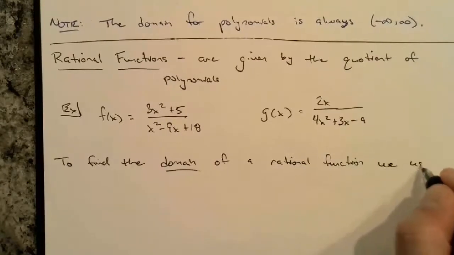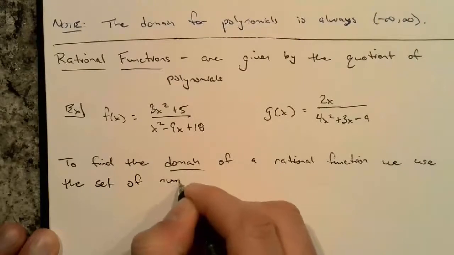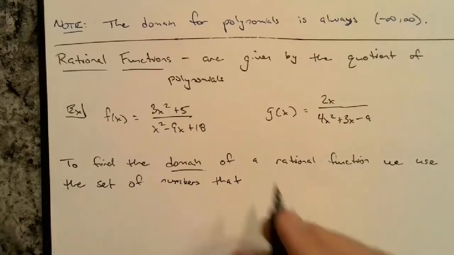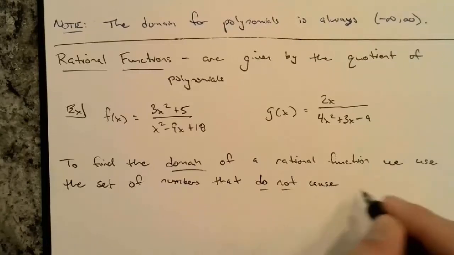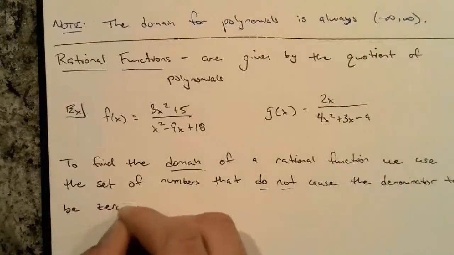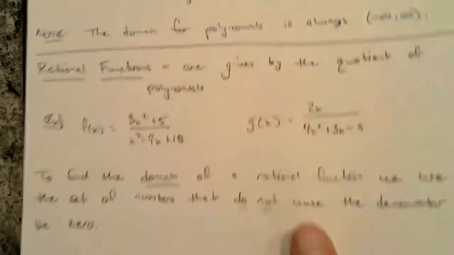So we use the set of numbers that do not cause the denominator to be 0. So what we want is all the values that work in the functions, and we exclude anything that causes the denominator to become 0. And we'll look at an example here.